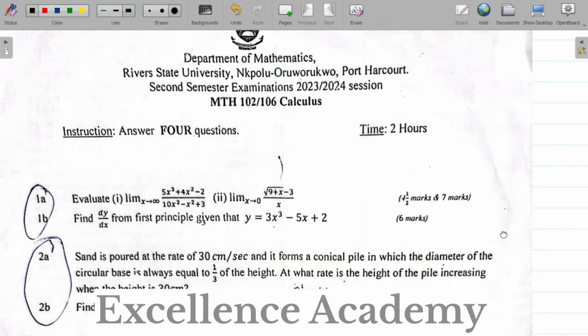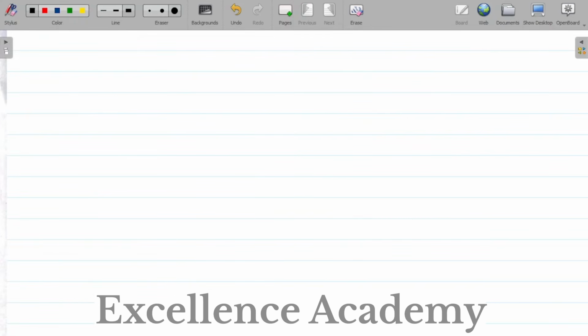This is 1AI, so just say question Q1AI. It says to evaluate the limit.